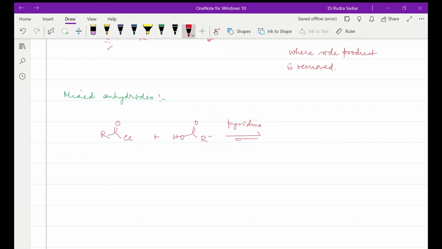Okay, and if we heat this, then out of this we will be getting our mixed acid anhydride, where the role of the pyridine is to react with the HCl and drive the reaction in the forward direction.